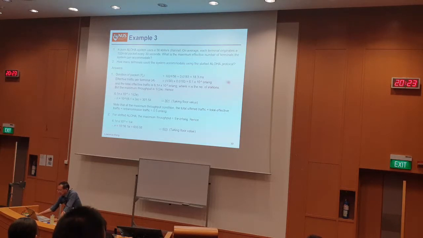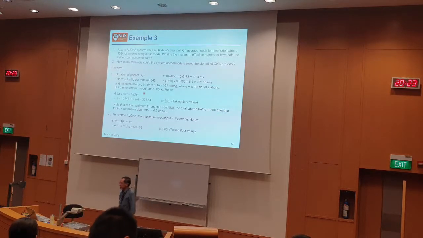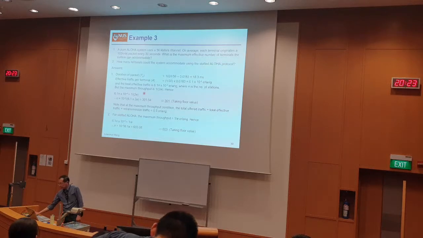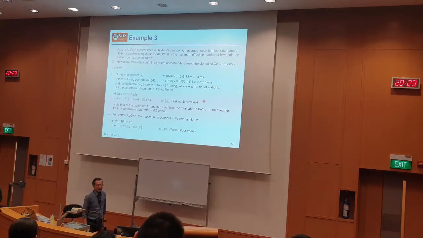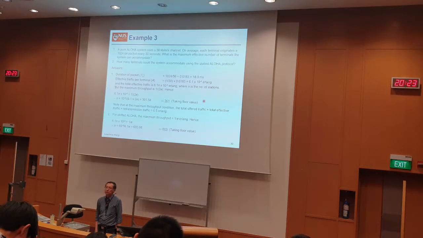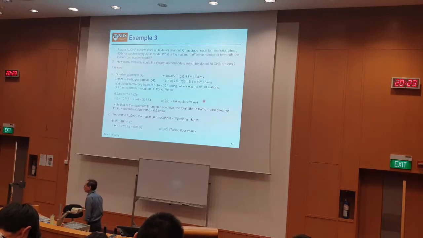Okay? So that's what we get. 6.1 n times 10 to the minus 4 equals 0.184. Therefore, the maximum number of terminals that you can support is 300 remote terminals. Okay. Any questions?